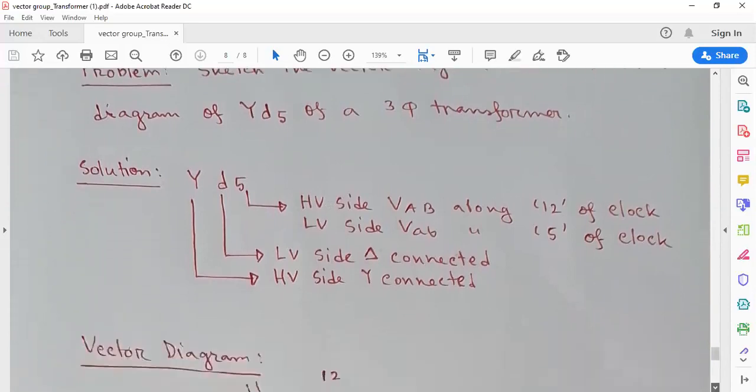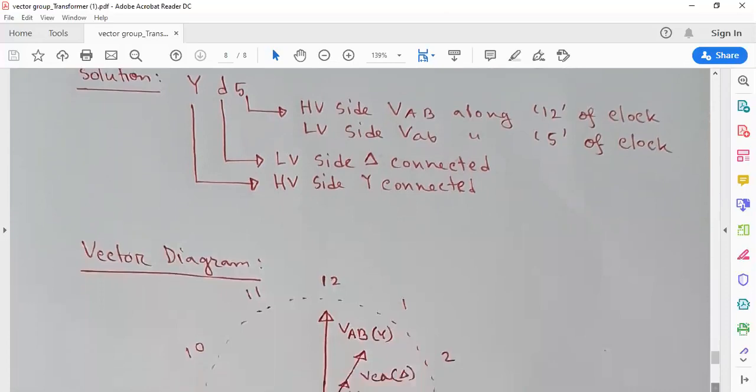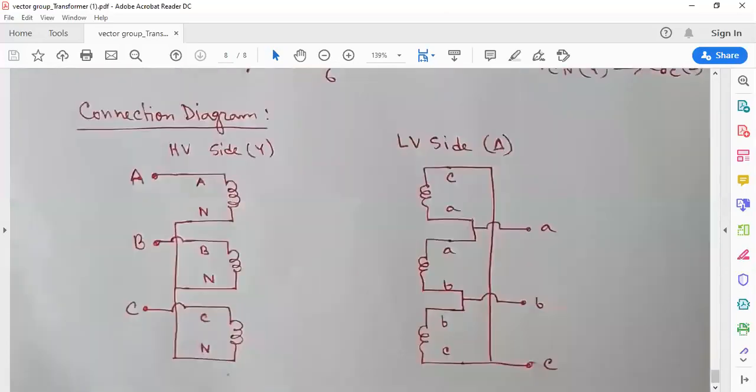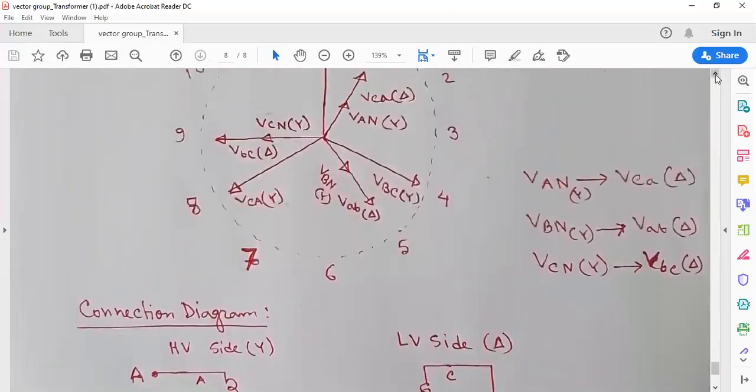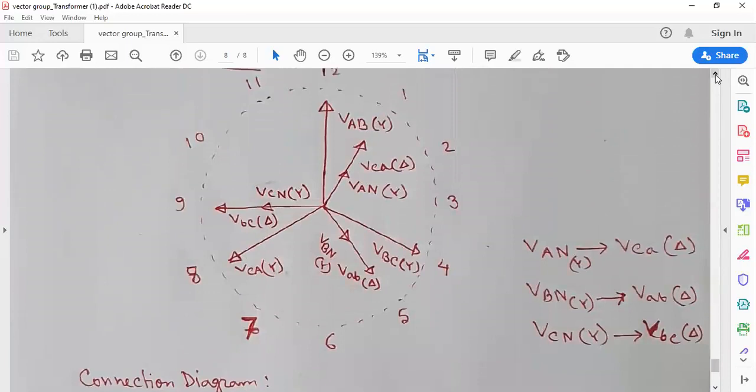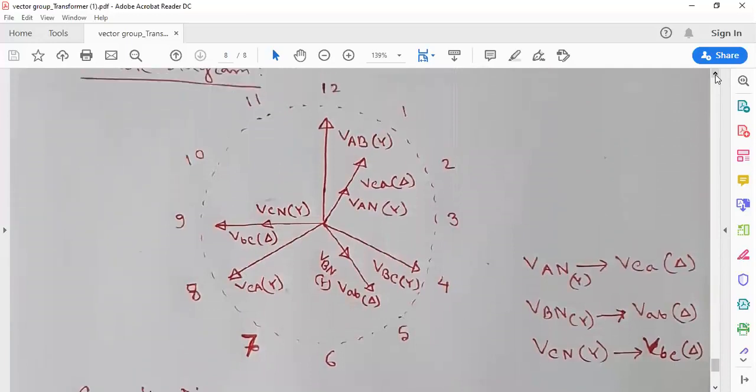We have to draw the vector diagram. This is how you answer in your script. You just need to draw them. You do not need to explain anything, or draw them step by step.